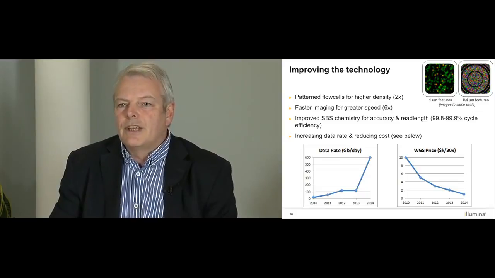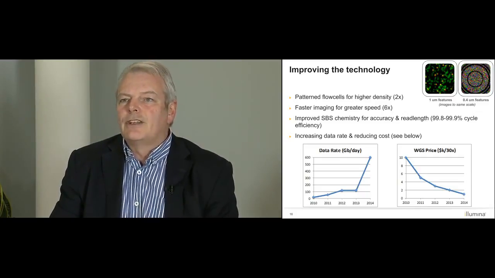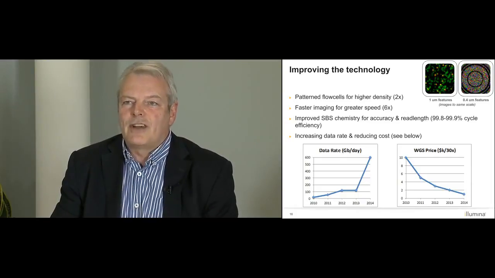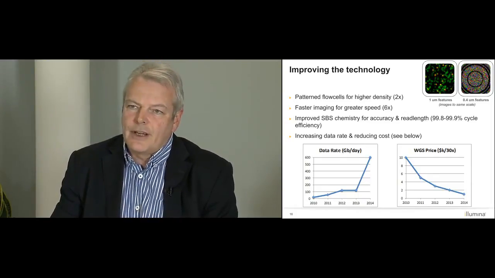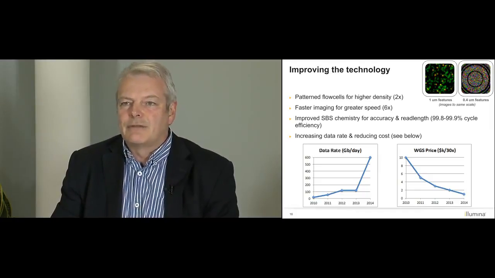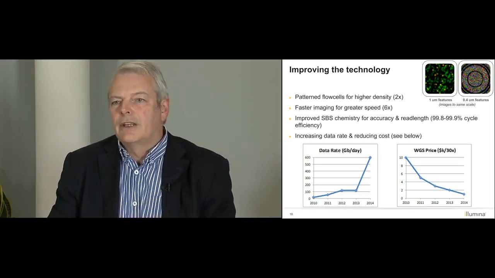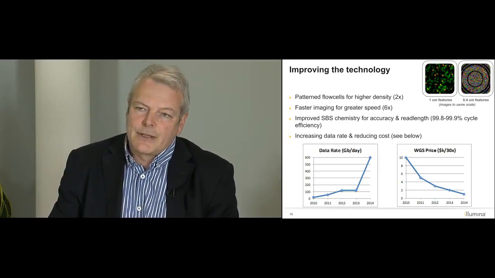And you can see here in recent years, we've continued to use various tools, going to patterned surfaces, faster cameras, improved and faster chemistry, to increase the data rate, which is the overall measure by which we're really trying to characterize these genomes. And you can see a leap there between 2013 and 2014, which was no accident.